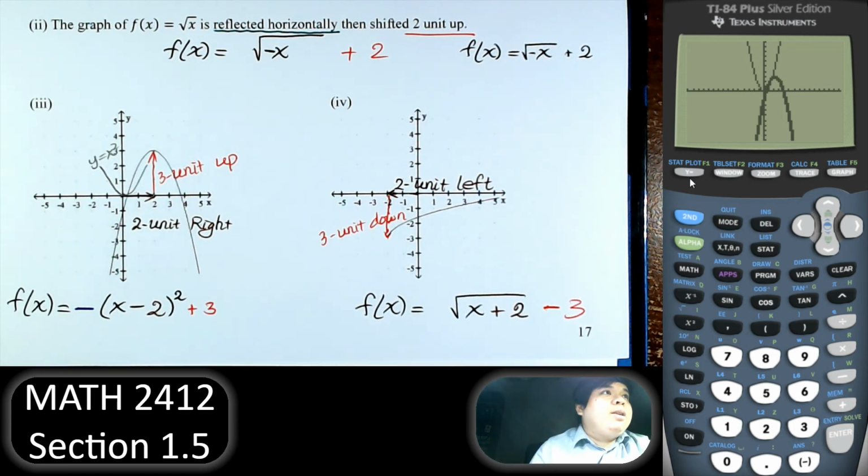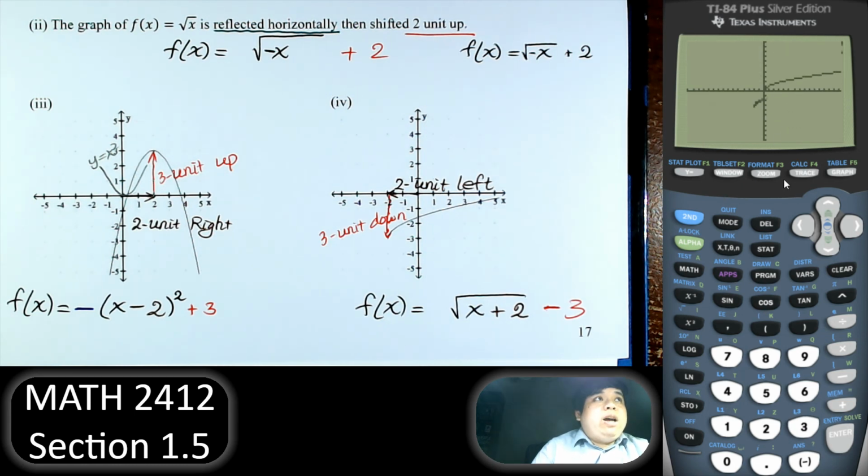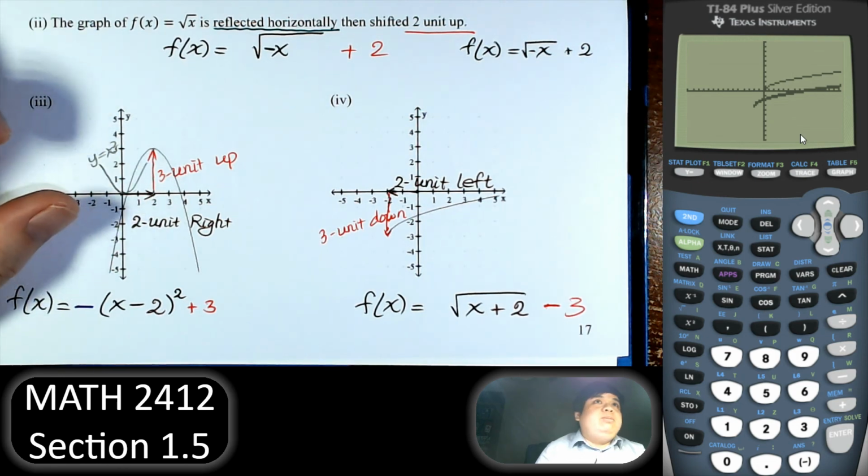Square root of x plus 2, minus 3. So that is the square root of x, and then as you see, 2 units to the left, and then 3 units down. So that's what we have, the function.